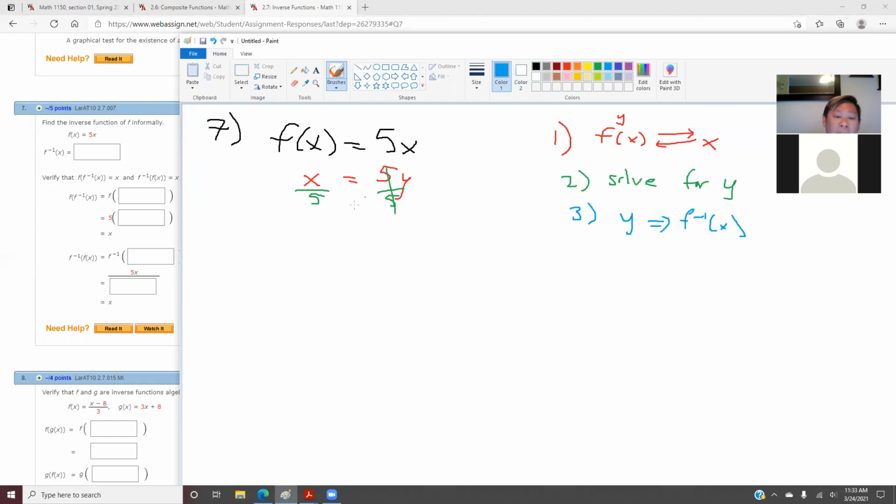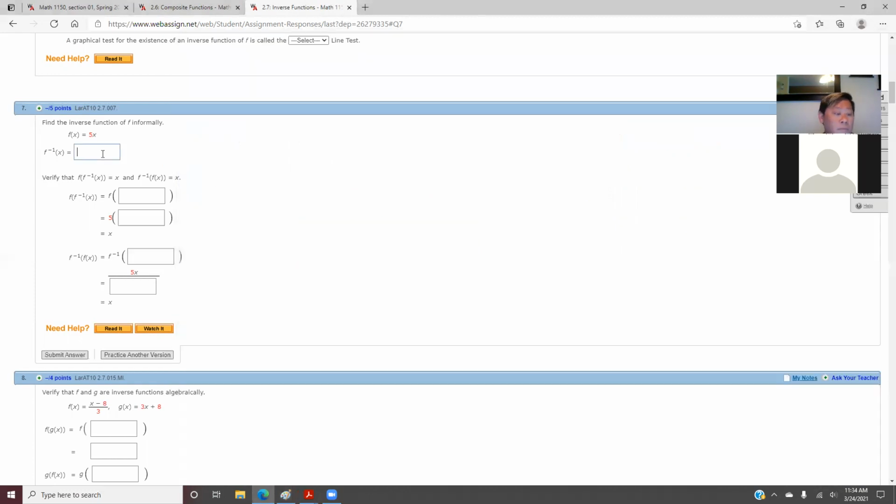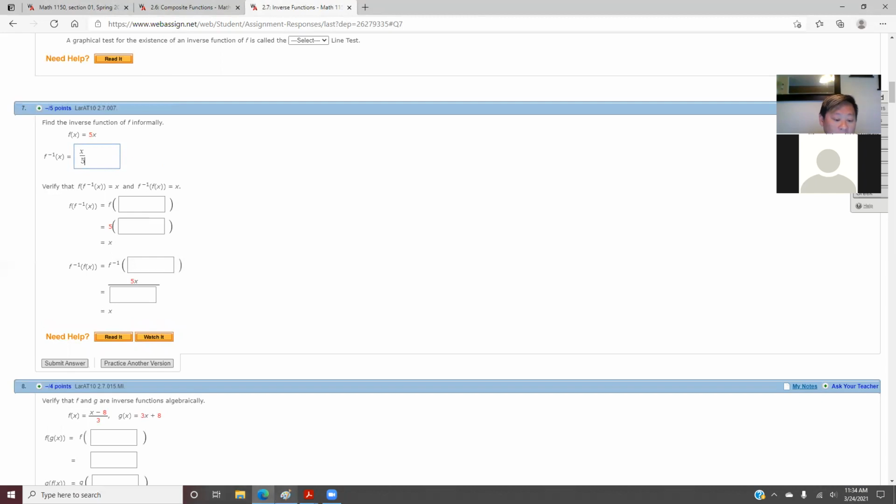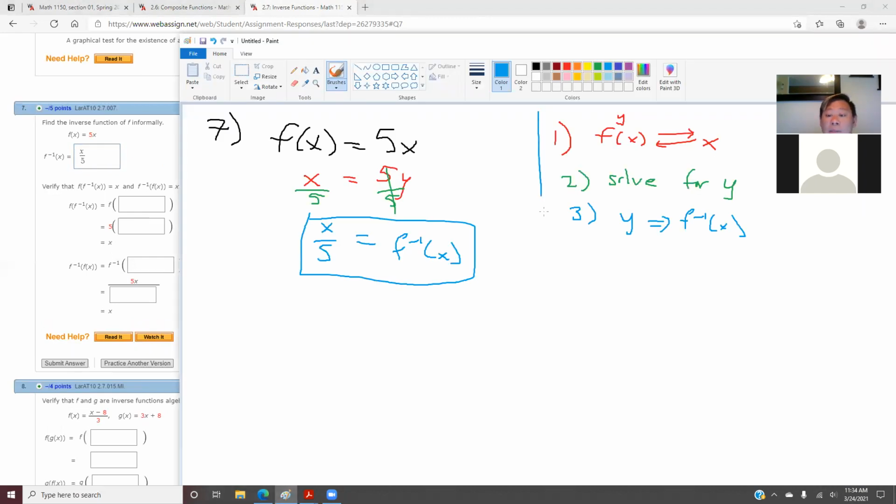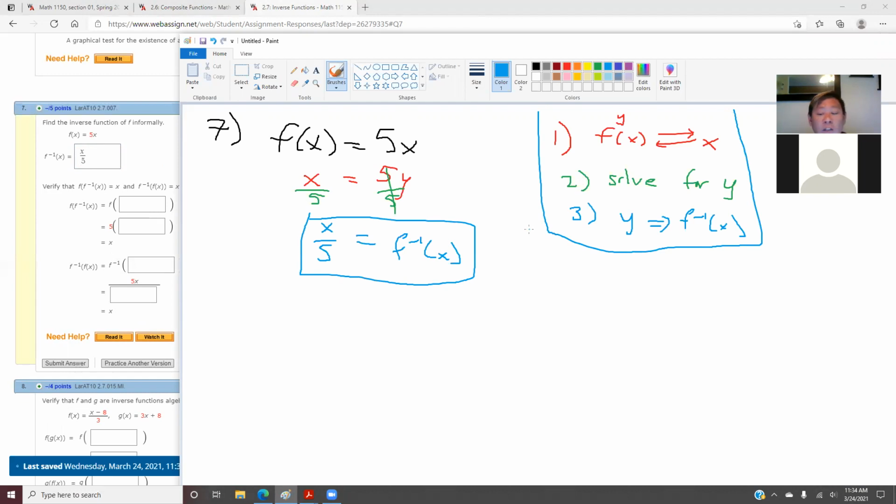So your answer in this case is y changes to become f inverse of x equals x over 5. So this is your inverse function. So these are the 3 steps. Make sure you know these 3 steps, which are how you find your inverse function.